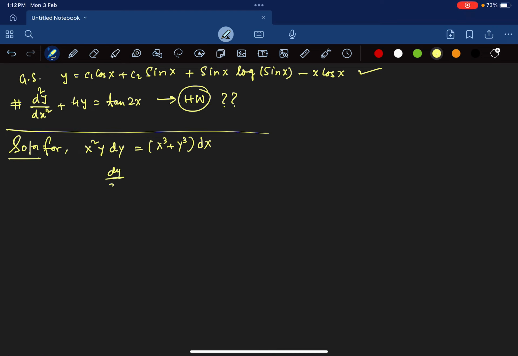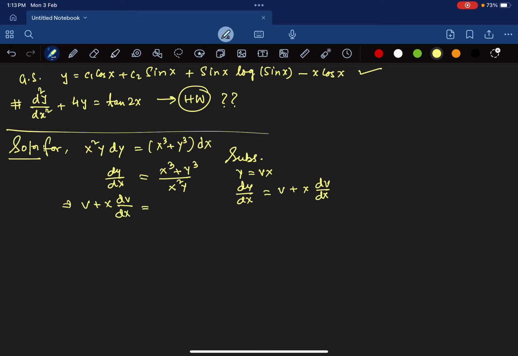You can write dy/dx = (x³ + y³)/(x²y). Immediately you will substitute y = vx, so that dy/dx you can write as v + x dv/dx. From here, x³ + v³x³ you can write, and here x²·vx.